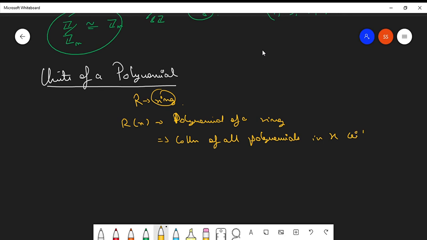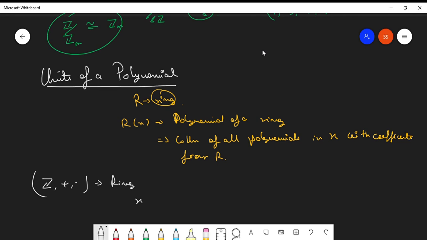The polynomial ring is basically the collection of all polynomials in x with coefficients from R. The collection of all polynomials with integer coefficients is the polynomial ring of the ring Z under plus and dot.